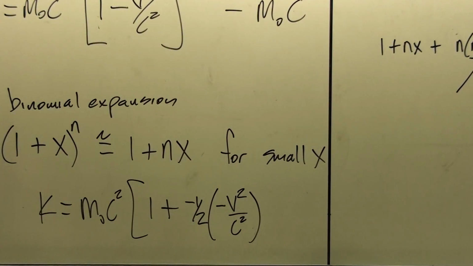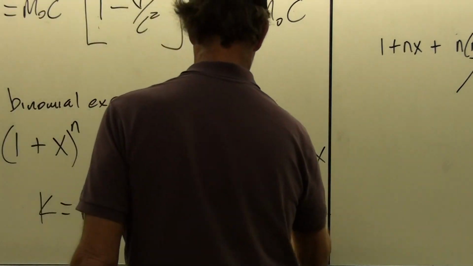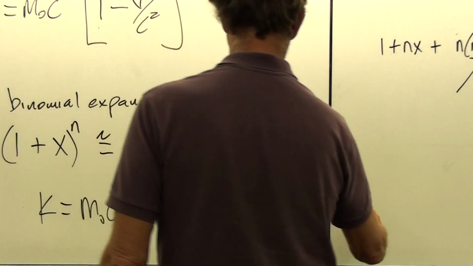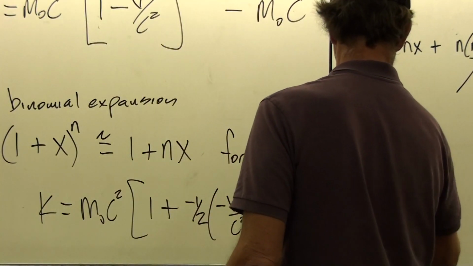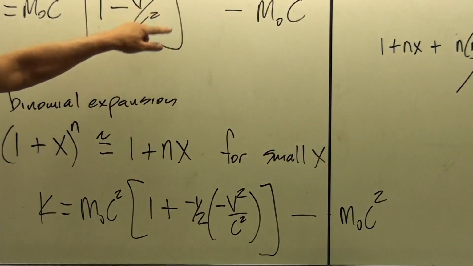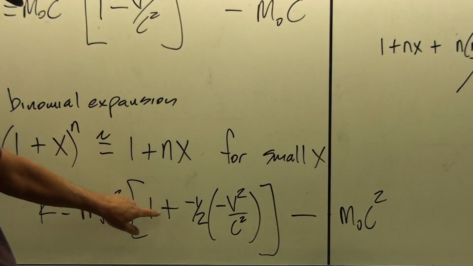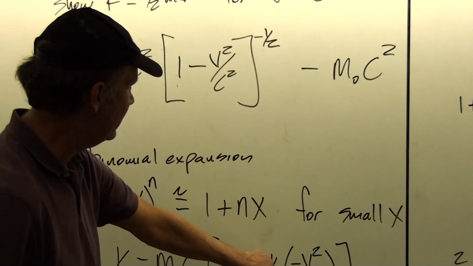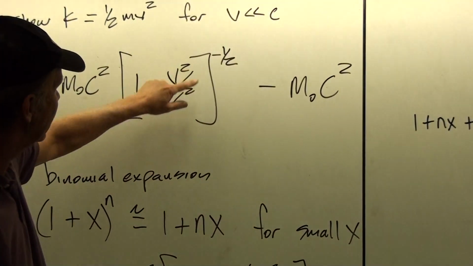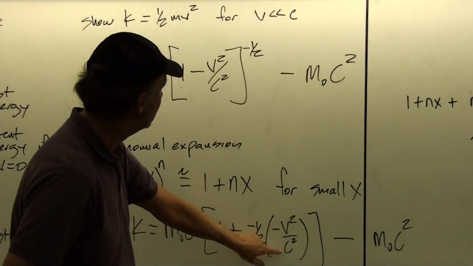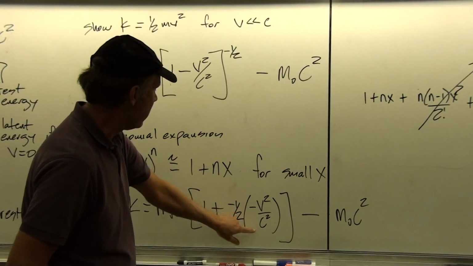Okay. And then that's going to be minus m naught c squared. Right? So we've got this term then, and that's just 1 plus n, 1/2, times x, where x is minus v squared over c squared.